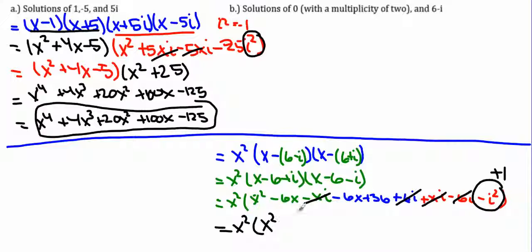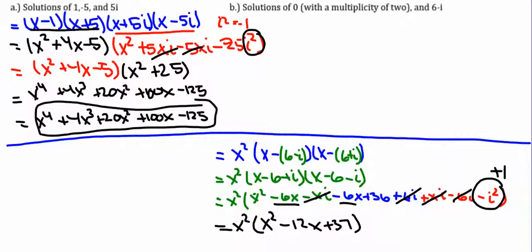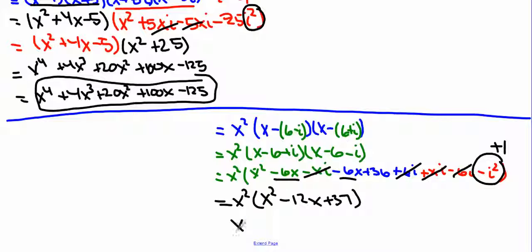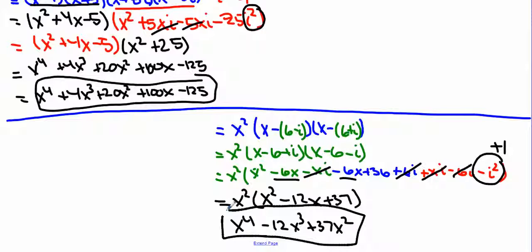I have negative 6x, negative 6x, that's negative 12x. 36 plus 1 is 37. And then don't forget, our final step is to distribute the x squared. So I have x to the 4th minus 12x cubed plus 37x squared. Done and done.